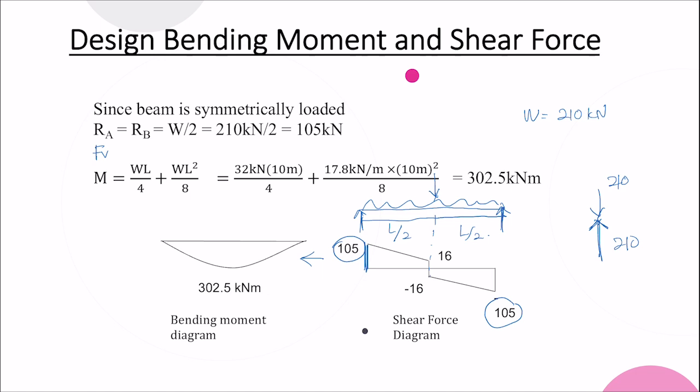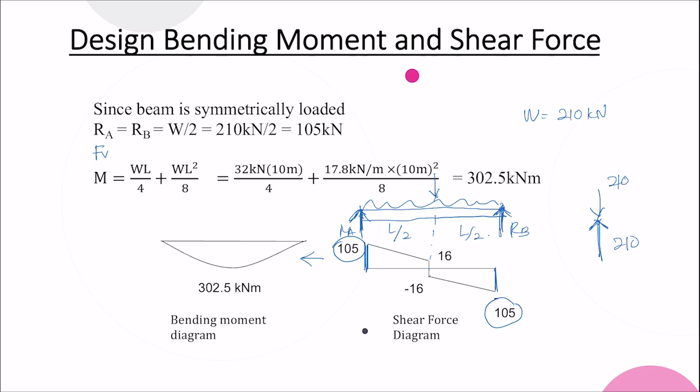Therefore, we can just divide by two, meaning one reaction here, RA, will be equal to RB, which is you divide by two and you get 105 kilonewton. Okay, so that's going to be the maximum value.